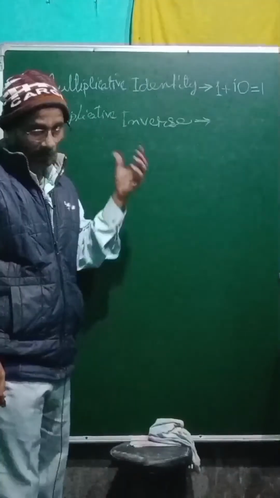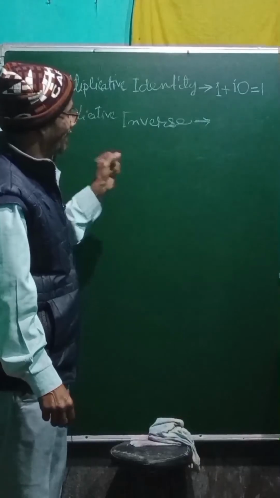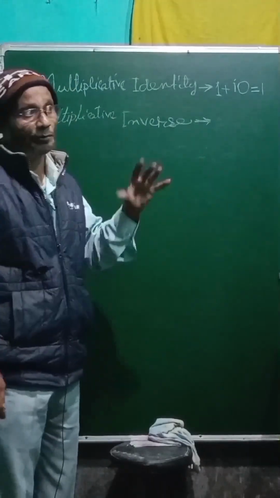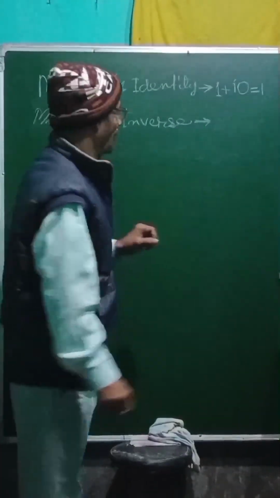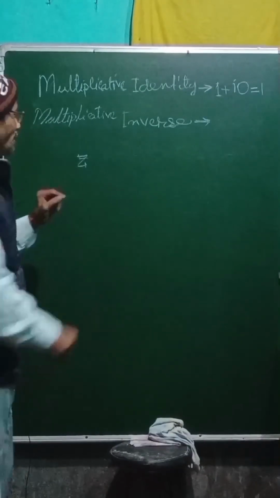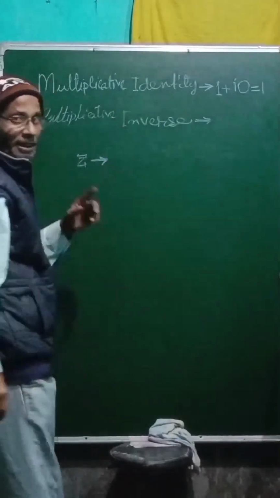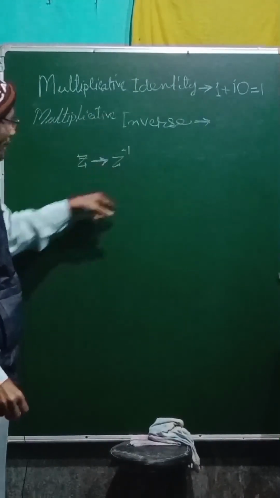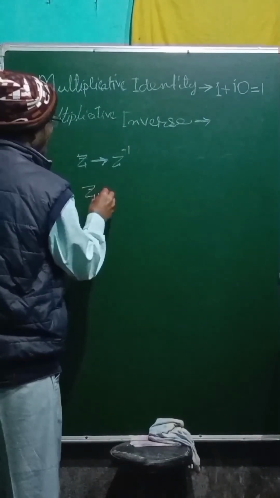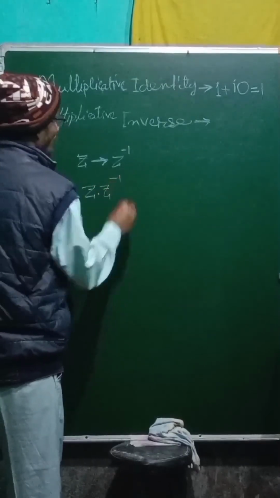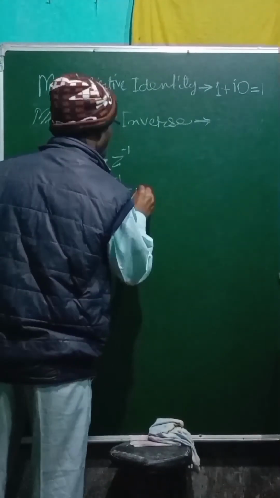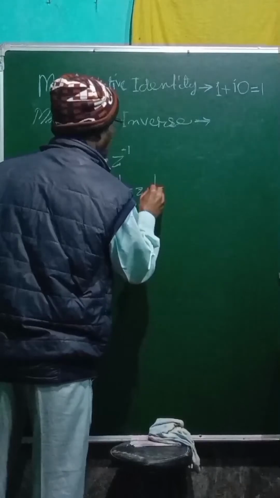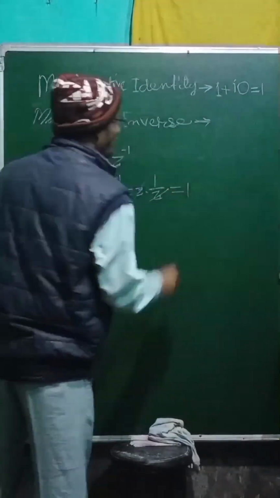And the multiplicative inverse of a complex number z is such that the multiplication of these two numbers gives the identity. If z is a number, then the multiplicative inverse is z to the power minus 1. Now let us see by multiplying the two: z into z to the power minus 1 equals z into 1 upon z, which is 1.